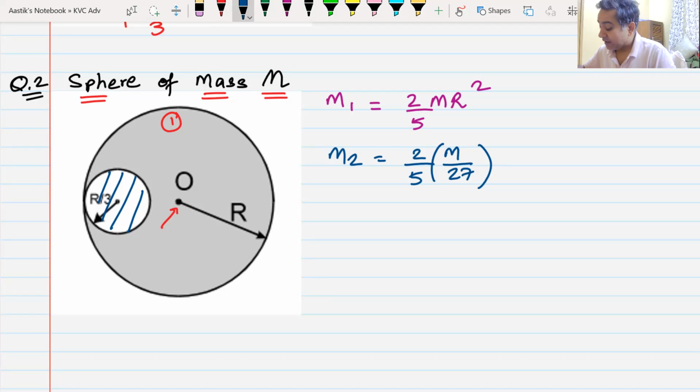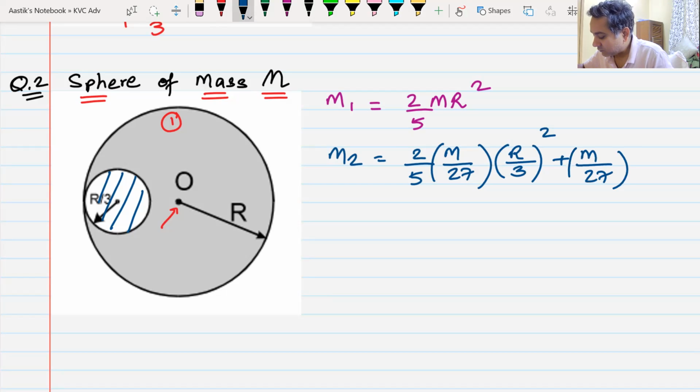Think about it. The moment of inertia of the small sphere is 2 by 5 m by 27 into r by 3 square, plus, about this center axis we have to find, so plus m by 27 into 2r by 3 square.